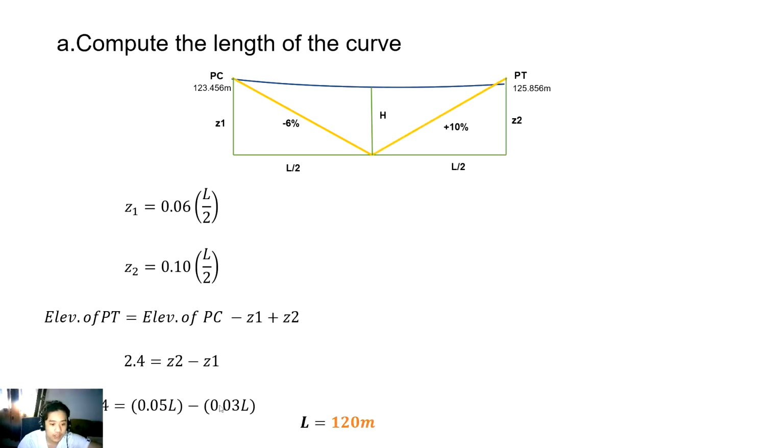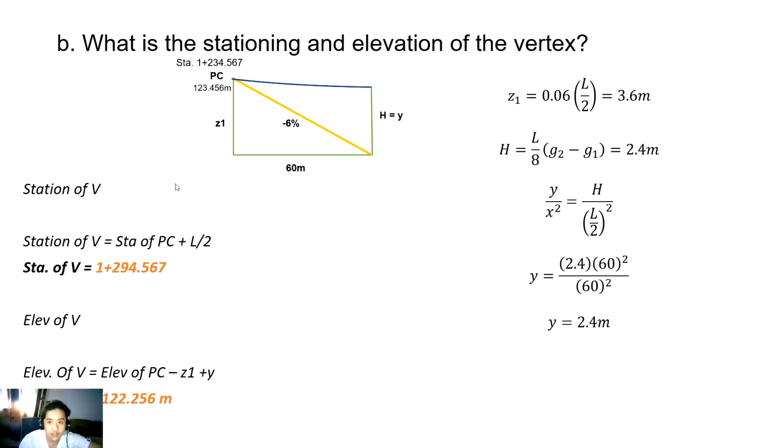Since L2, L over 2 naman to, automatic na ito ay magiging 60 meters. So, 0.06 times 60 equals to 3.6 meters. So, ito na yung magiging Z1 natin.